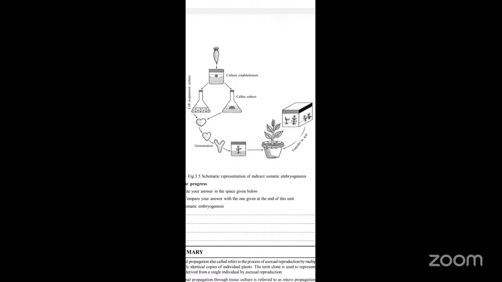Organogenesis is the in vitro generation of shoot, root, and floral buds from an explant. That is called organogenesis. Direct and indirect organogenesis were already discussed. Somatic embryogenesis, the basis of synthetic seeds, is the in vitro regeneration of somatic embryos from an explant.